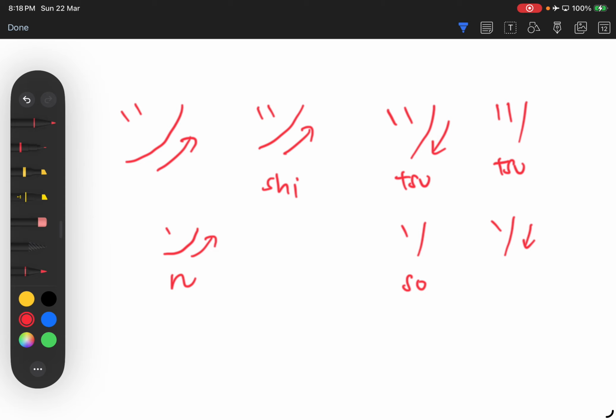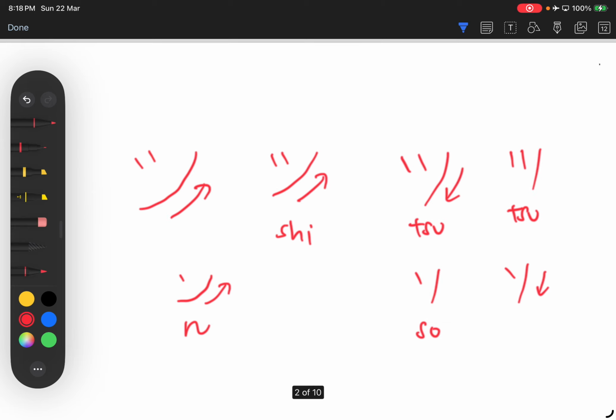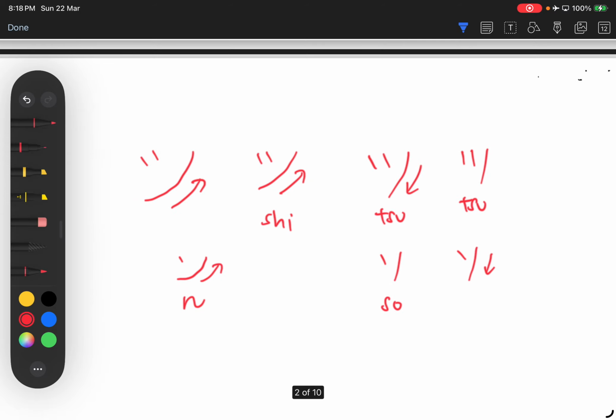So it's just a stroke order. The stroke direction. Okay, so this is sha, shi, zi, and so. Any questions about this one? They all look very similar, but the writing is different.